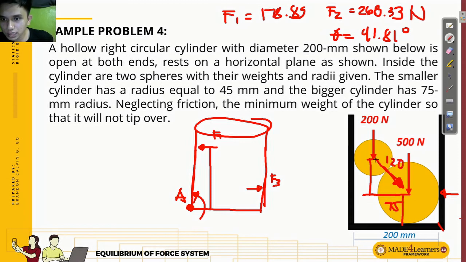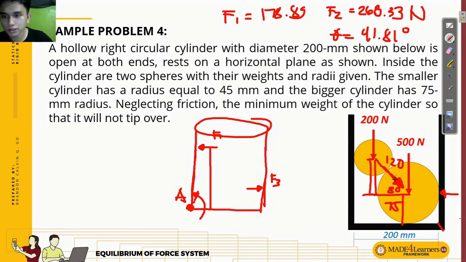Kini siya, ang distance ani, atong nasolve niya 80, di ba? This is 80. Okay, 200 minus 45 minus 75 man. So 80 ni siya. Distance gikan dire vertically, no, padong sa kanina point.